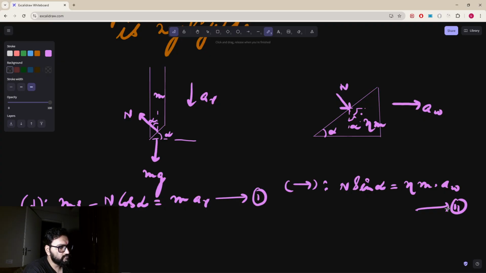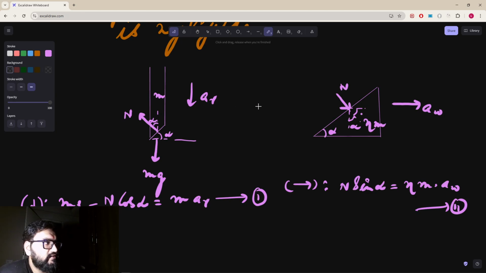Now I've got 3 unknowns and just 2 equations, which means that I'll have to figure out a third equation. What is going to be my third equation? It's going to come from a constraint. What is the constraint? This rod and this wedge are always going to be in contact, which means that the components of their individual accelerations perpendicular to the incline are going to be the same.